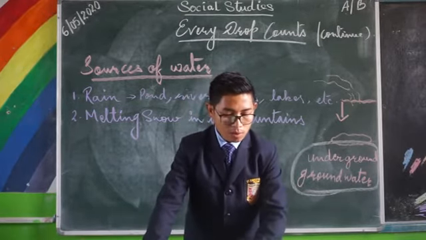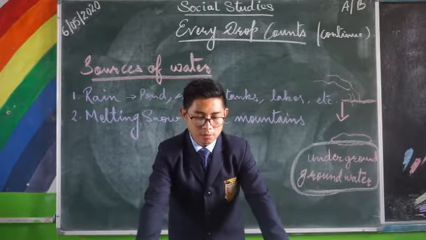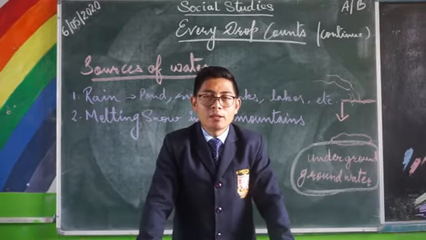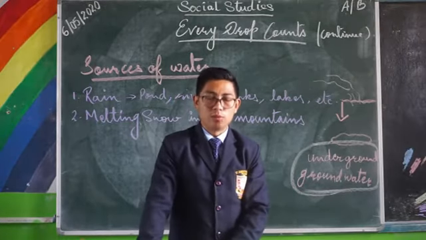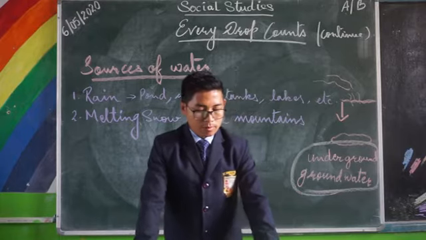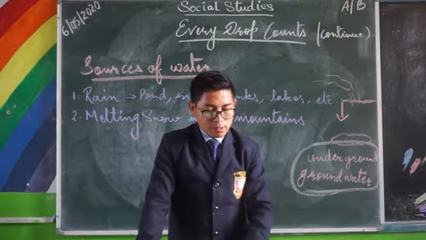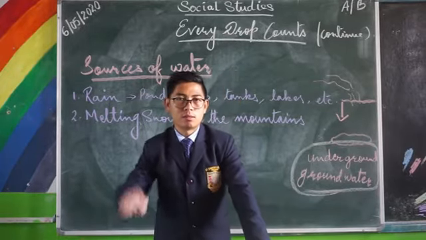Although 3/4 of earth is covered with water, most of it cannot be used, and I have told you the reason why. This is the reason there is always a shortage of water.